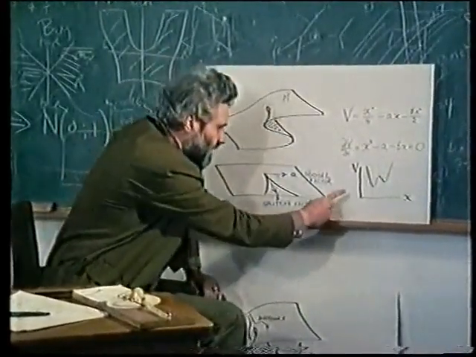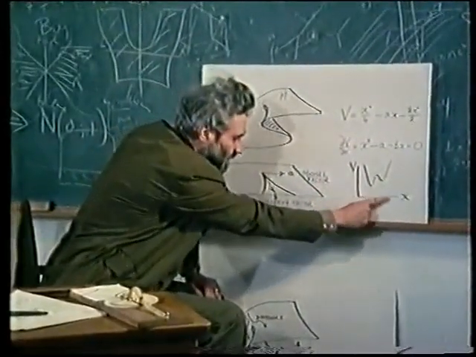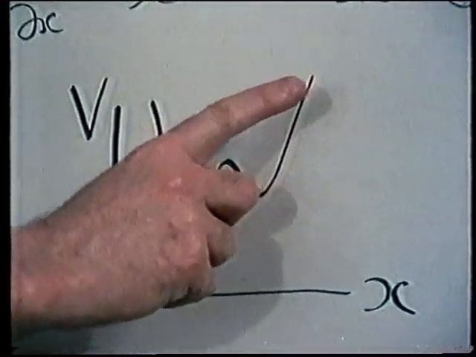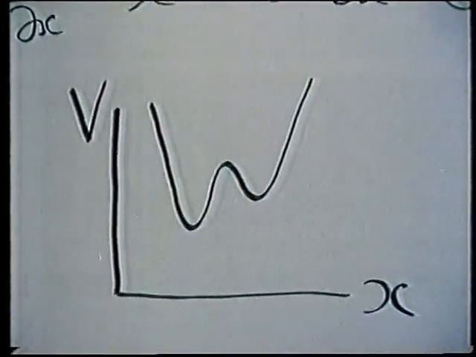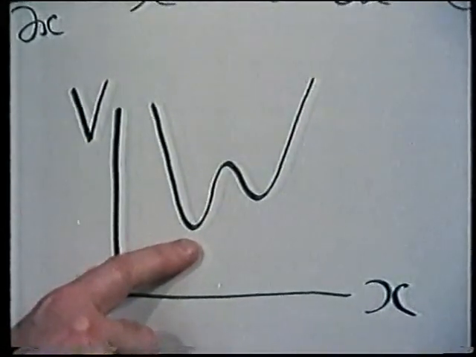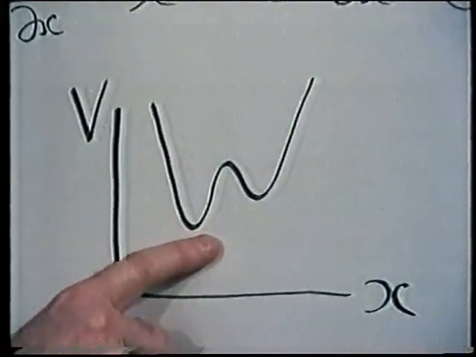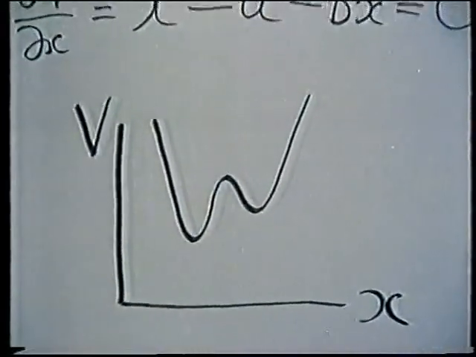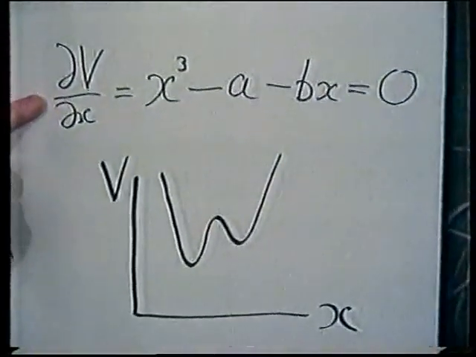Now, if we fix a and b, here is a typical picture of the energy function, and what we want to find is the minima and the maxima of the energy function where the slope is 0, and that is given by the partial derivative dV by dx equals 0.